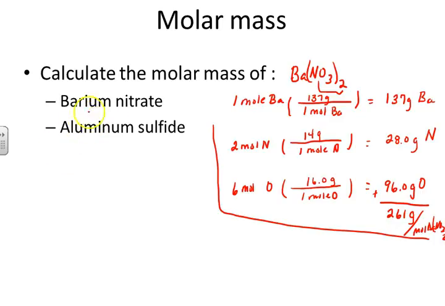And let's do the same thing for aluminum sulfide. Aluminum sulfide is Al2S3. According to the formula, we have a subscript of 2, which means we have 2 moles of aluminum, and a subscript of 3 for sulfur, so that means 3 moles of sulfur.